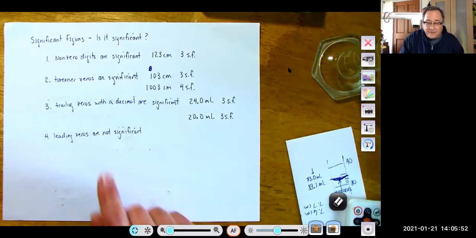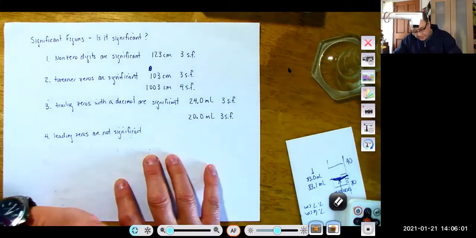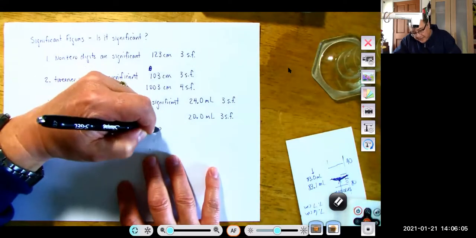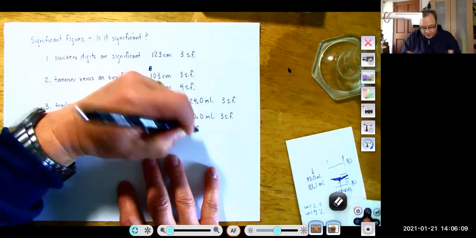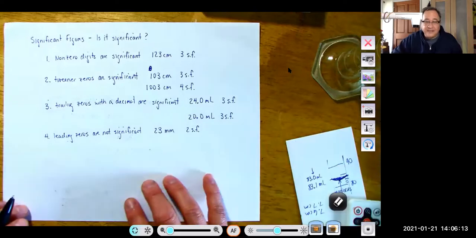Leading zeros are not significant. It doesn't say anything about a decimal because decimals don't matter here. Let me give you an example. 23 millimeters has two sig figs. There's no zero there, so it doesn't really seem to fit.